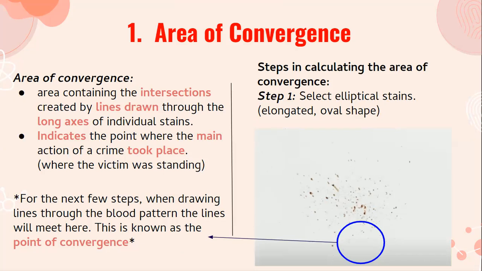So there's a definition of area of convergence. You can actually draw lines from each point of the blood splatter, and where the lines intersect through a process of stringing, that is going to be defined as the point of convergence.